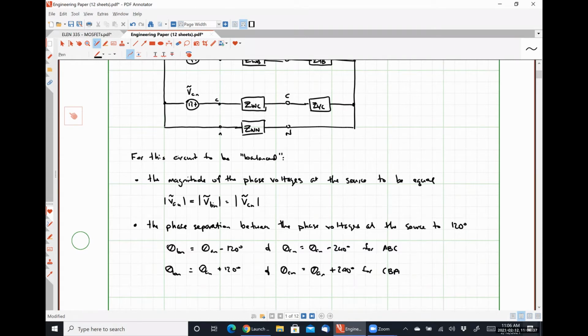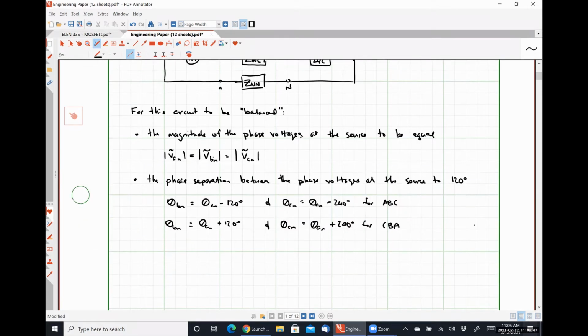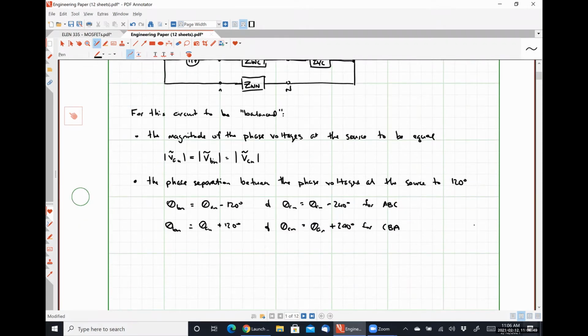We're going to use positive phase sequence in this class like I've discussed before, but I'm just trying to very methodically go through this. So that balances our source. We need the transmission line impedances to be equal.